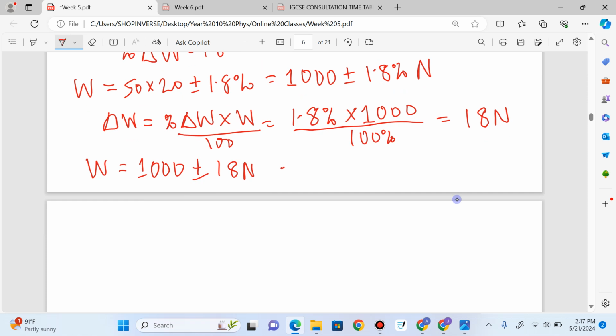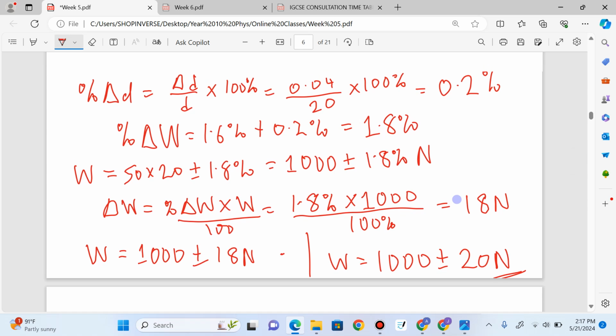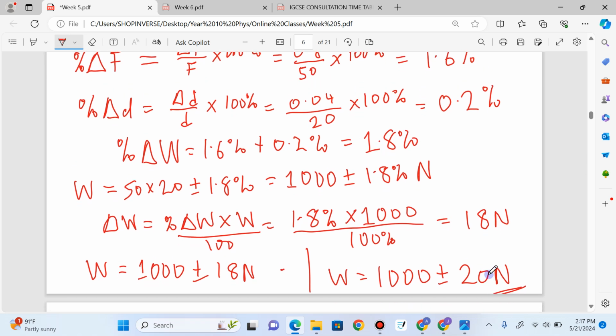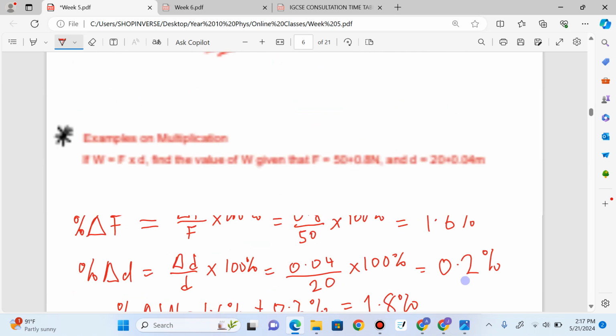That simply means the value of W is now 1000 plus or minus 20 Newton. So this is how you get the value of W, stating the uncertainty in the form of an absolute uncertainty. We first got our answer in percentage uncertainty and converted to absolute uncertainty.